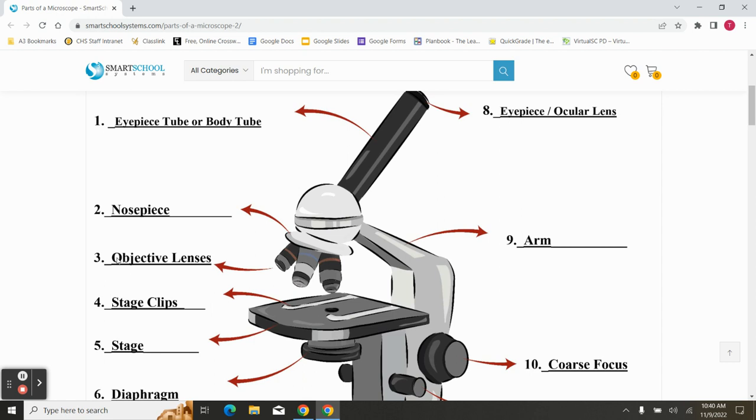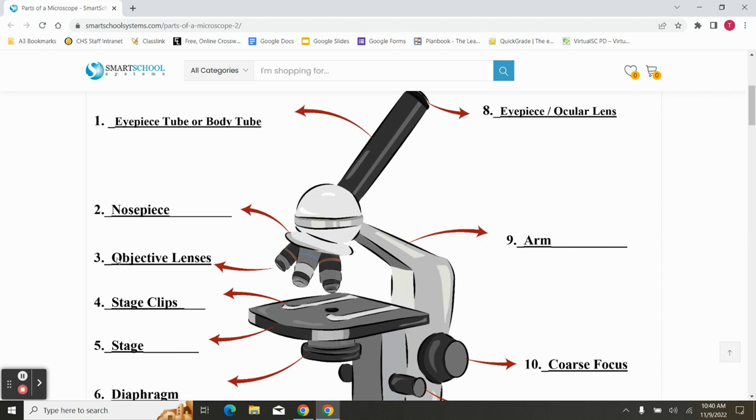It's typically the longest of all the objective lenses. Its total magnification will give you 400 times, 40x from the objective times 10x from the eyepiece. So again, just multiply the two together, objective times eyepiece, and you've got your total magnification. So these microscopes range from 40x to 400x.